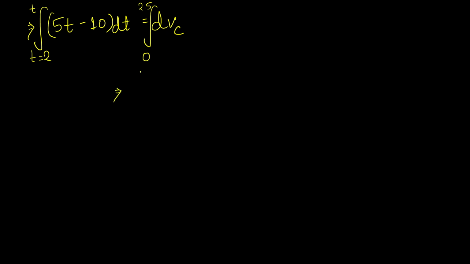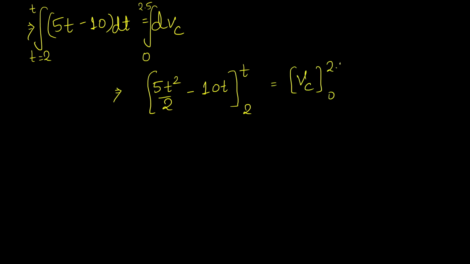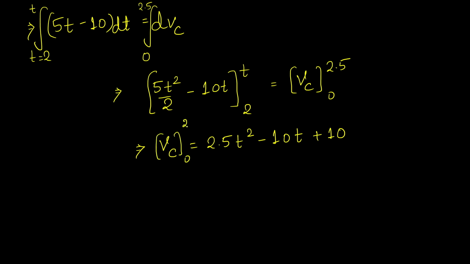So on integration, this will be 5t square upon 2 minus 10t, from 2 to t, that is equal to Vc from 0 to 2.5. So upon solving, Vc will be equal to 2.5t square minus 10t plus 10, and that Vc is basically 0 to 2.5.